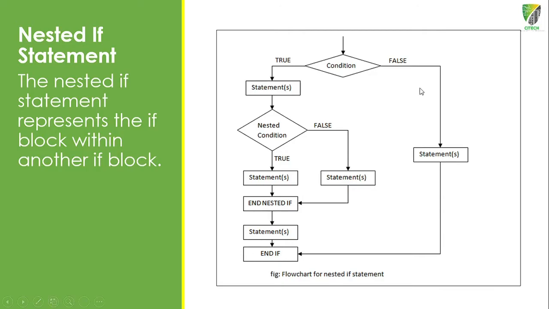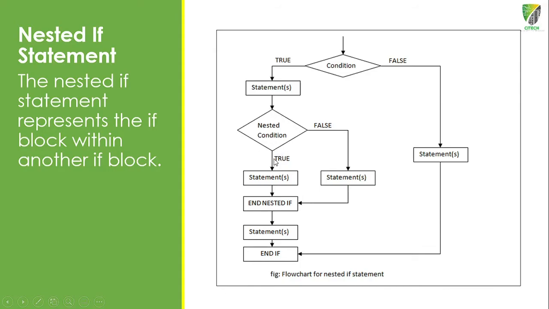Okay, ulitin natin. If statement, kapag nag-true, magpuproceed siya sa loob ng block ng if statement. So, sa loob ng if statement natin ay meron tayong another statement na ang tawag ay nested condition or nested if statement. So, sa nested if statement, ang ginagawa lang nito ay nag-check lang din kung true or false yung condition natin.